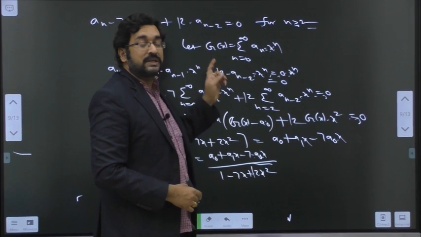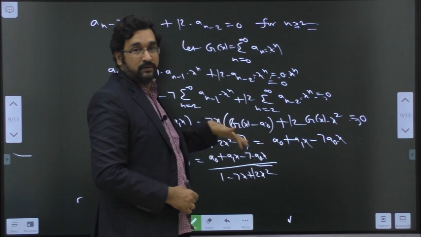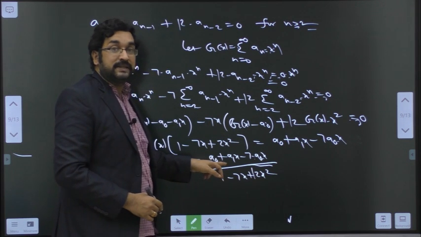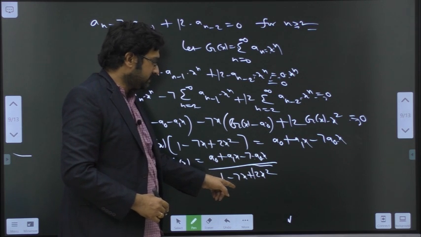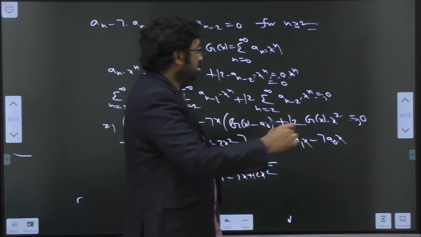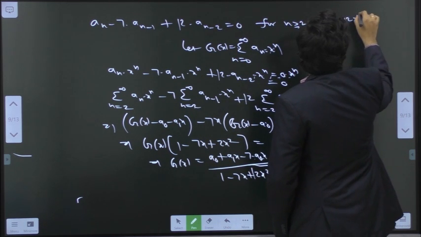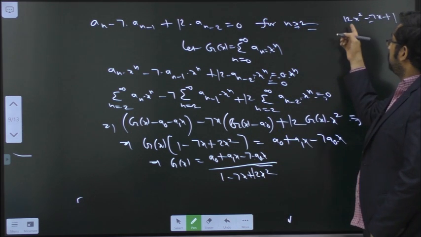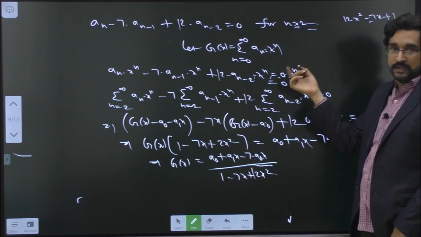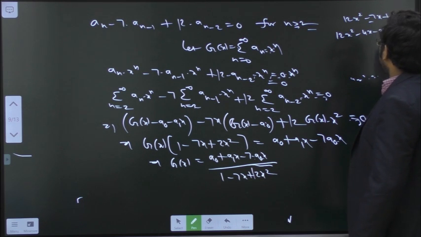Actually it was not 2, by mistake it was 12. So change it to 12. So it becomes a naught plus a1x minus 7a naught x by 1 minus 7x plus 12x square. So now find factors for it. So 12x square minus 7x plus 1. Find factors. Here for 12 and 1 the factors are 4, 3. So we can write it as 12x square minus 4x minus 3x plus 1.